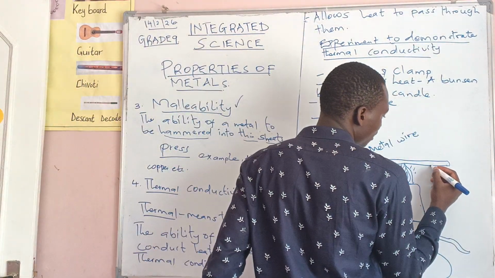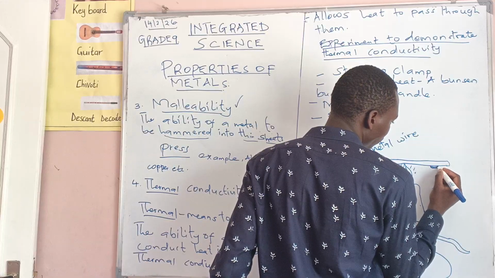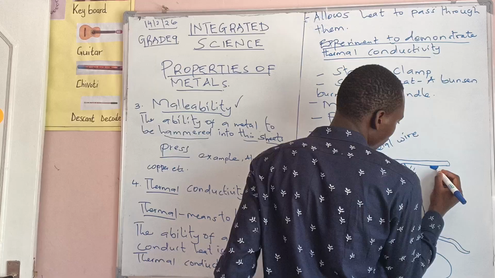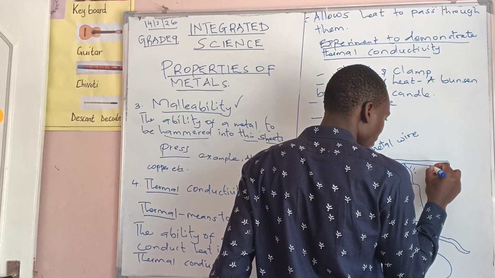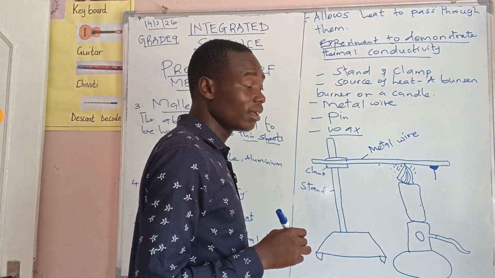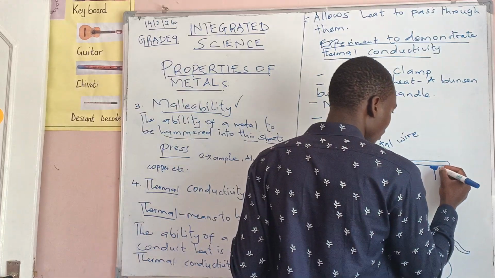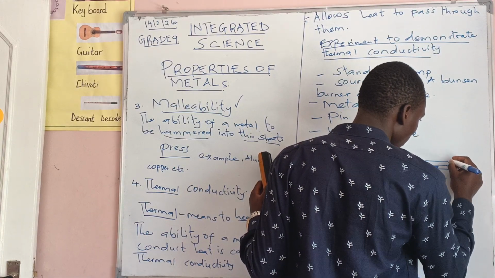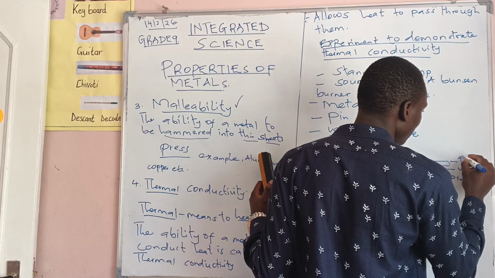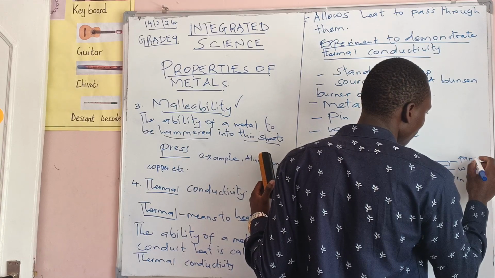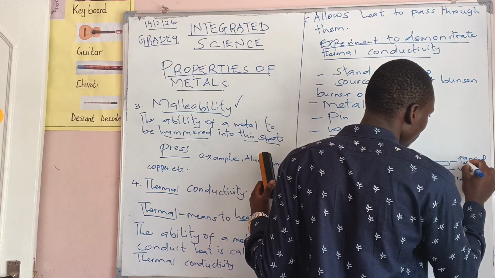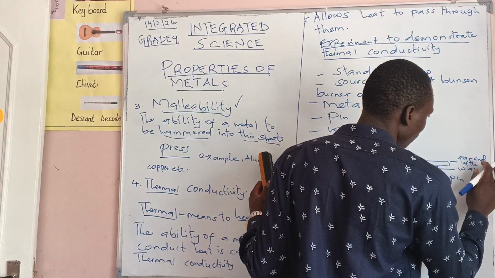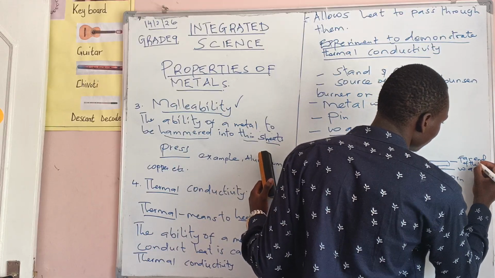Let's say I've placed my wax here, the solid one. The solid wax is here, and then there is a pin that has been inserted on the wax. So this is wax, and this is the pin. This is the far end of the wire.